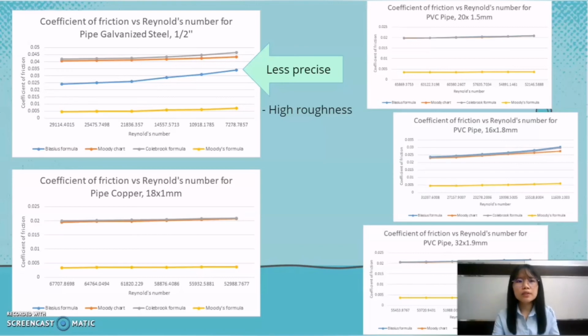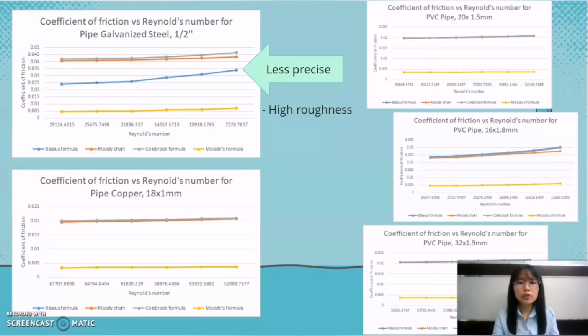So, Blasius formula is not suitable to be used in determining the coefficient of friction for galvanized steel pipe with roughness of 0.15 mm compared to other formulas, due to the low roughness of copper and PVC pipe. The coefficient of friction determined by Blasius formula is more likely the same as the results calculated by other formulas.